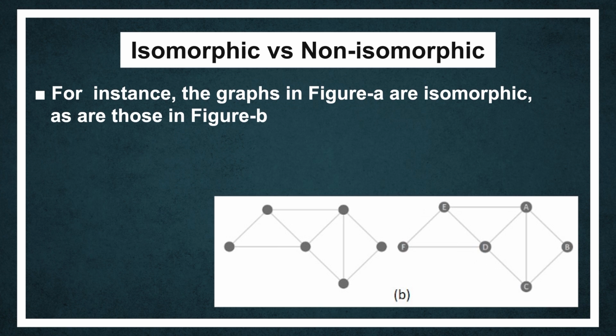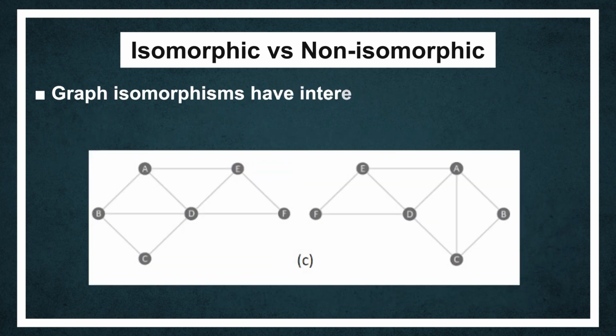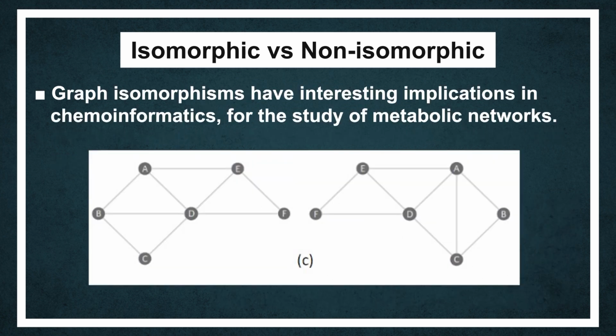For instance, the graphs in figures A and B are isomorphic. However, despite having the same number of edges and nodes, the graphs in figure C are not isomorphic. Graph isomorphism has interesting implications in chemoinformatics for the study of metabolic networks.